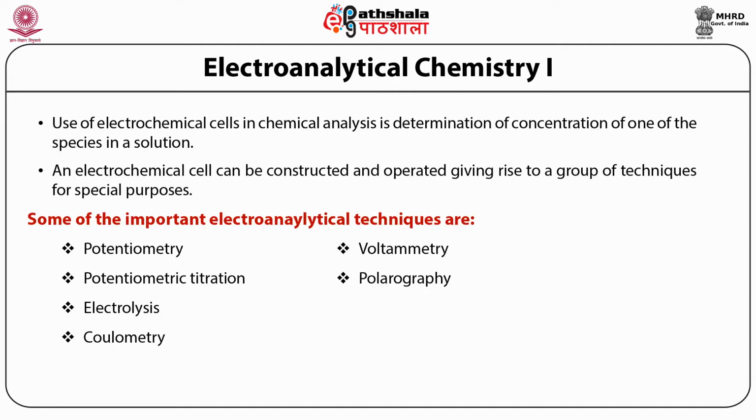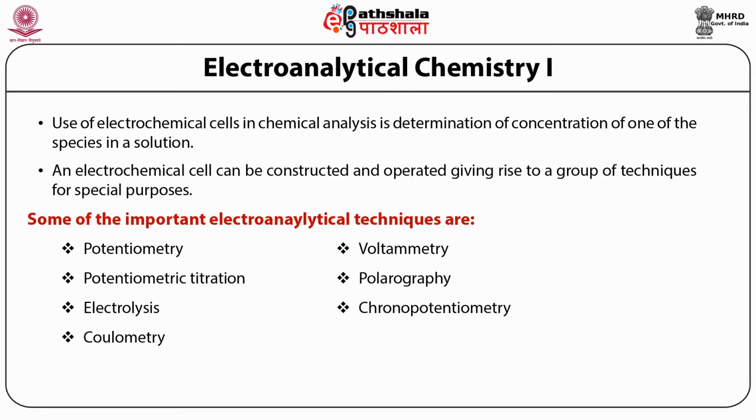The next technique which comes under electrochemical techniques is chronopotentiometry, in which an electrolysis is performed in an unstirred solution at constant current and the potential of an easily polarized electrode is measured as a function of time.